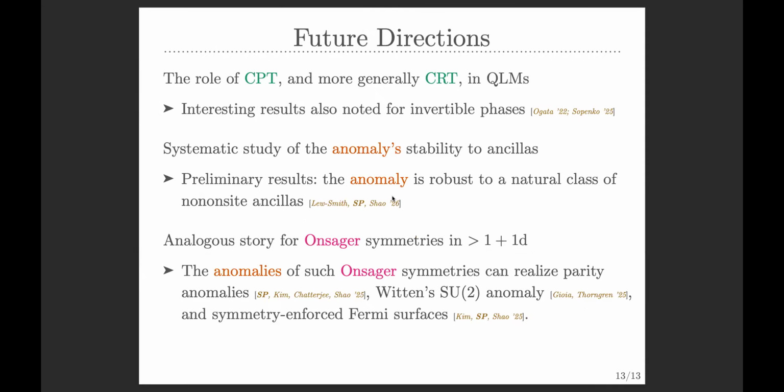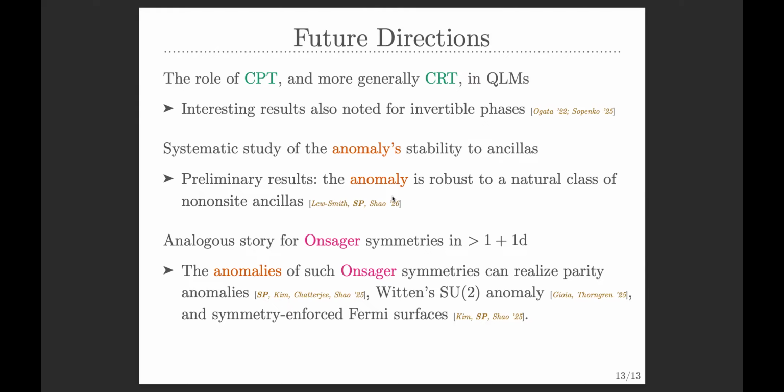So I think there are a lot of cool things to do based off of this, and I think that suggests there could be something deep underlying. The first obvious question is, what is the role of CPT, or more generally CRT symmetry, in quantum lattice models? We just saw that enforcing CPT in 1+1D enhances the anomaly's order to match that of the QFT. There are also some interesting results in the context of invertible phases.